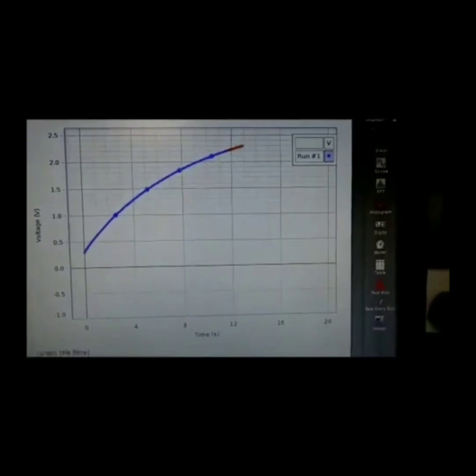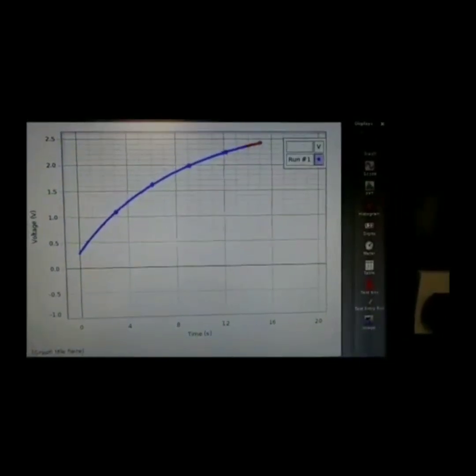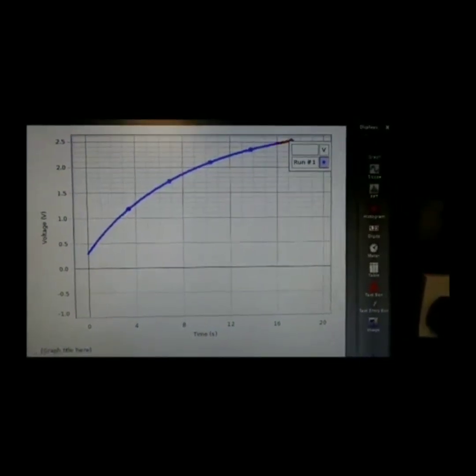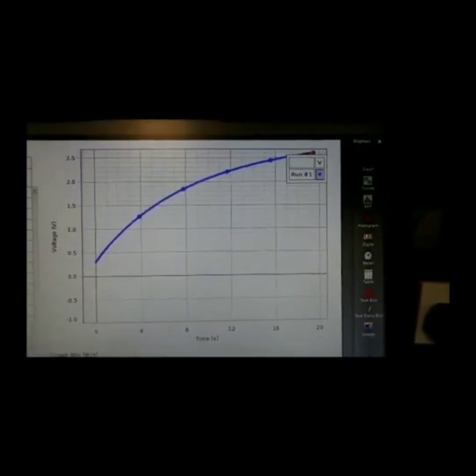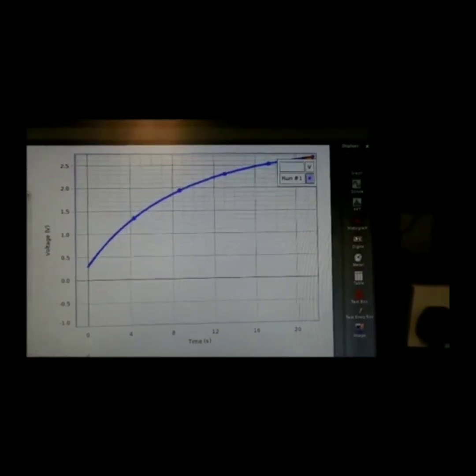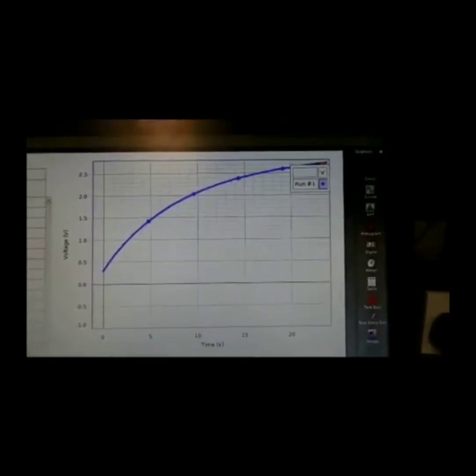I expect the voltage after 40 seconds, which is the full time, to become 3 volts, which is the maximum voltage. So I will wait for 40 seconds here, the counter, the time, then I will stop after 40 seconds.